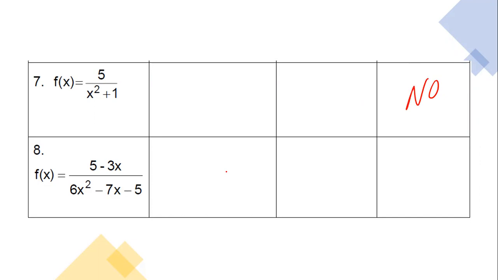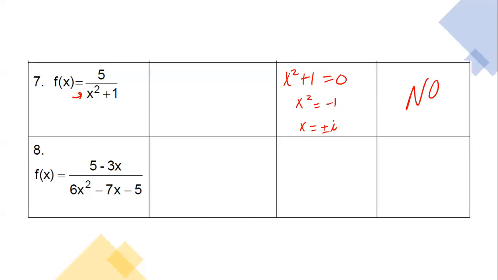Now, your vertical asymptote. If I take x squared plus 1 and set it equal to 0, I end up with x squared equals -1. So x equals plus or minus i. Can you have imaginary boundary lines?